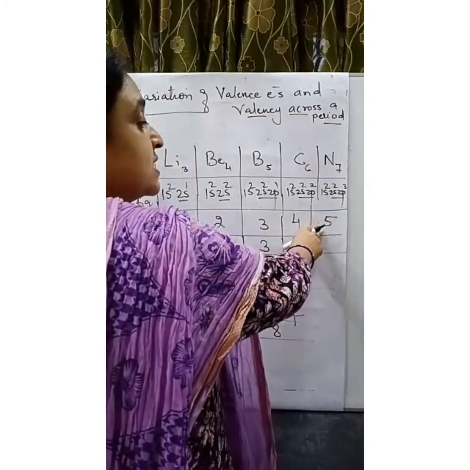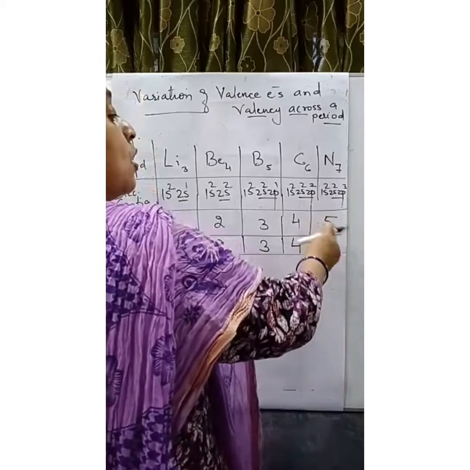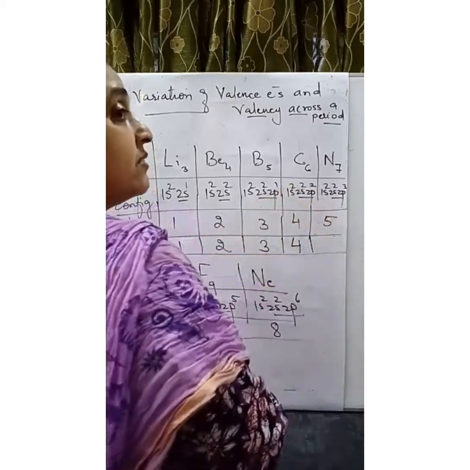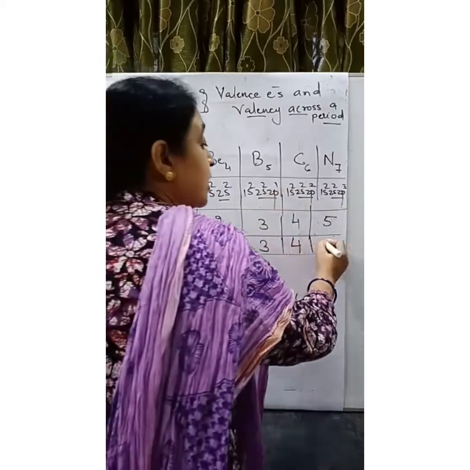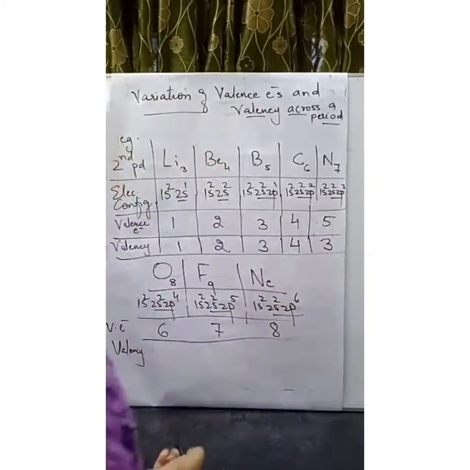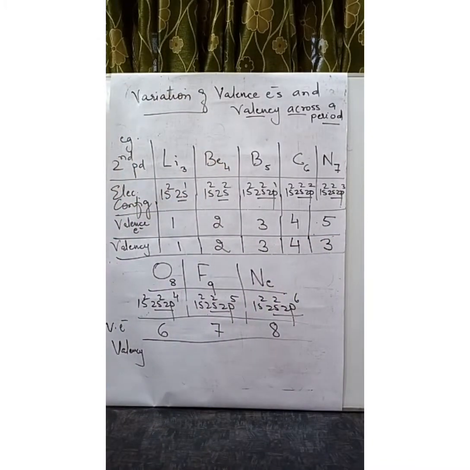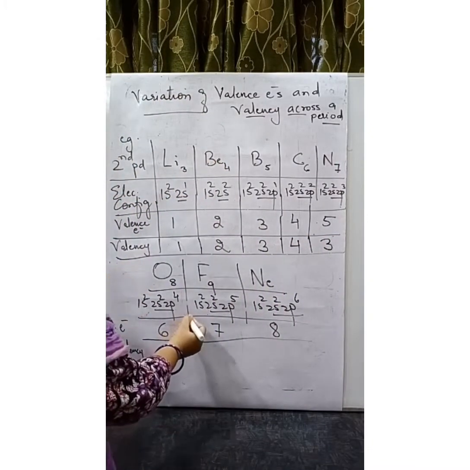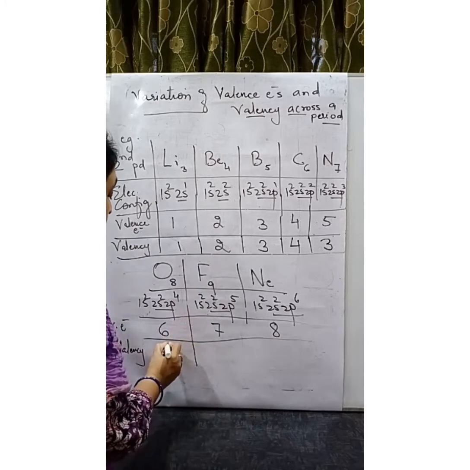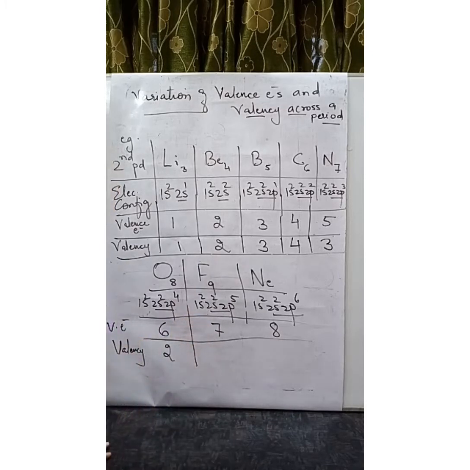Nitrogen can become stable by gaining 3 or by losing 5 electrons. Gaining 3 is easier for nitrogen as it requires less energy. In the same manner, for oxygen, gaining 2 electrons is easier than losing 6, so valency is 2.